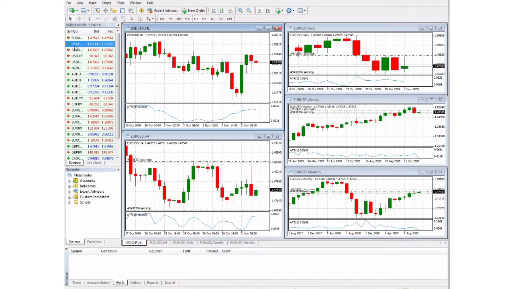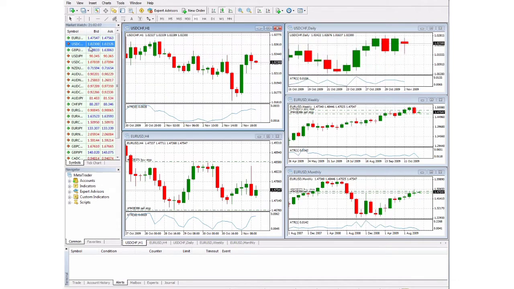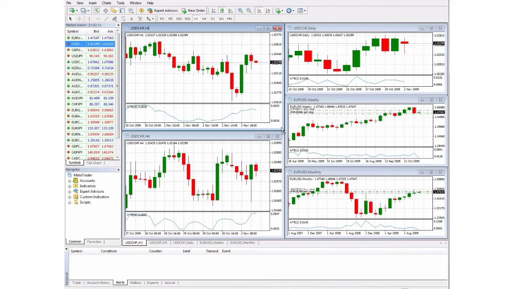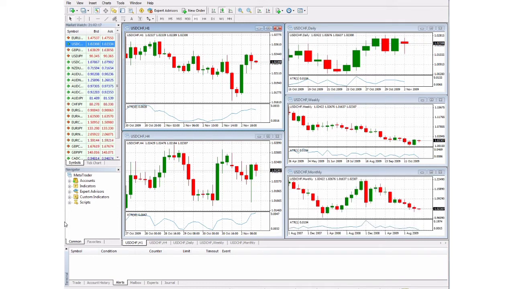Drag, drop, drag, drop, drag, drop. Now here's something that you'll notice when we do this: all the trading lines from our orders, showing where our orders would be, are gone.